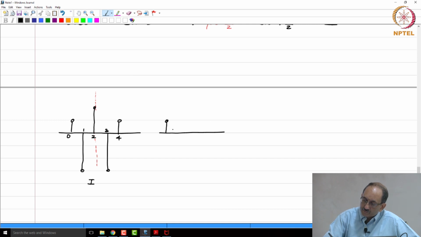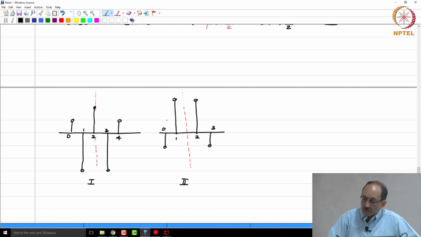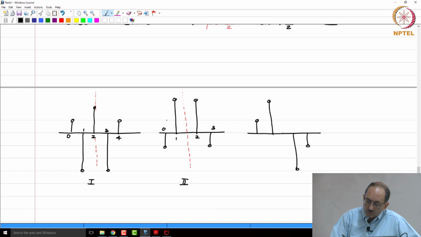So, this is type 2. So, type 2 is again even symmetry, and in this case the point of symmetry is midway between samples. So, this is type 2. Similarly, we can quickly complete the picture for types 3 and 4.